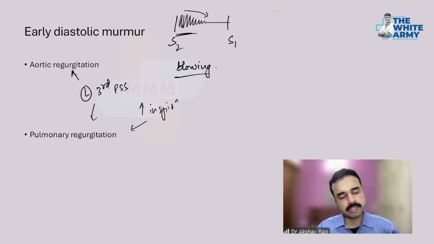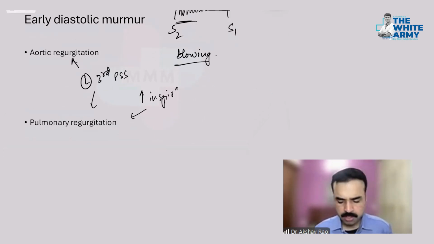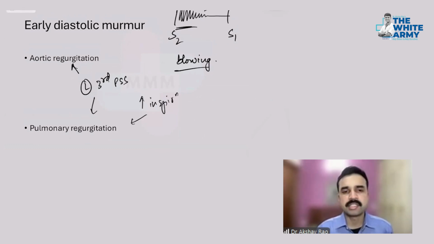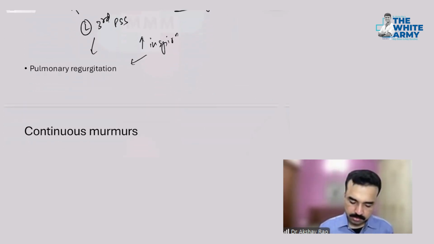In fact, not just murmurs, all right-sided heart sounds or right-sided auscultation findings will always increase with inspiration. Left-sided auscultation findings will always increase with expiration. So this is about early diastolic murmur. It's usually well localized, in the left third parasternal space, Erb's area. That's where you hear it.